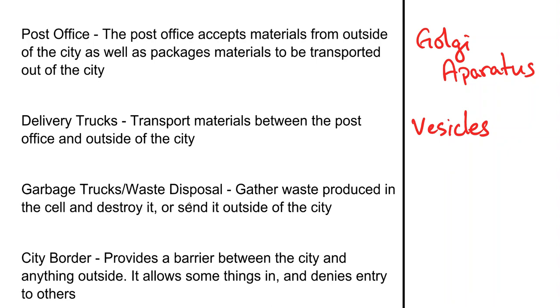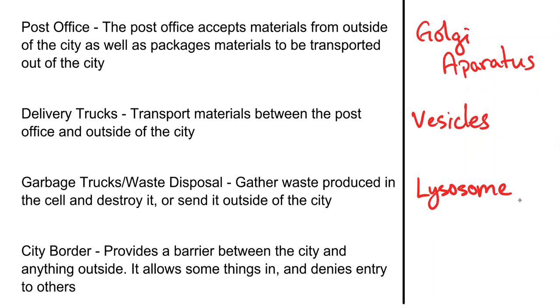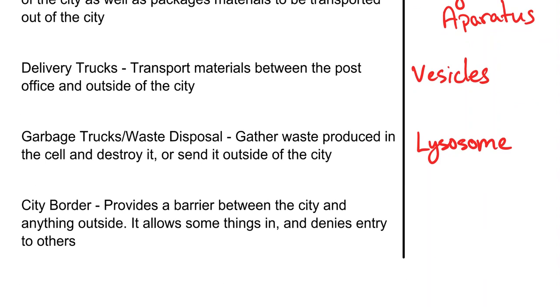Garbage trucks, waste disposal. They gather waste produced in the cell and destroy it or send it outside of the city. Well, man, that's gotta be a lysosome. Now, there's a little bit of an awkward distinction between vesicles and lysosomes, but we're just going to run with it, okay? And then finally, the city border provides a barrier between the city and anything outside of it. It allows some things in and denies entries to others.